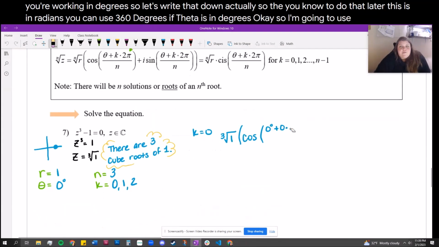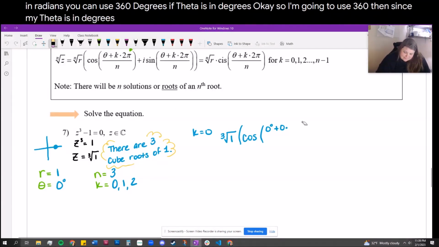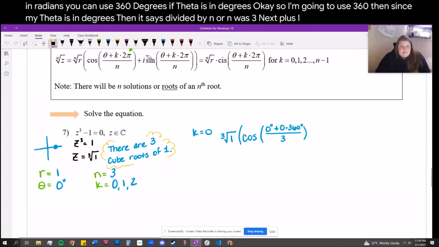Okay, so I'm going to use 360 then, since my theta is in degrees. Then it says divided by n. Our n was 3. Next, plus i sine.